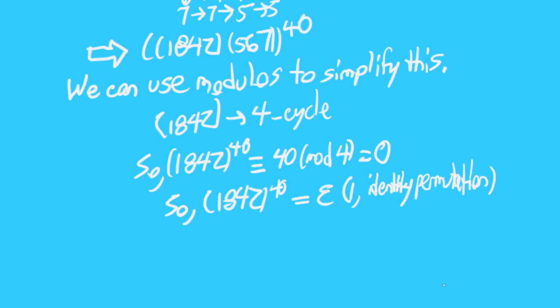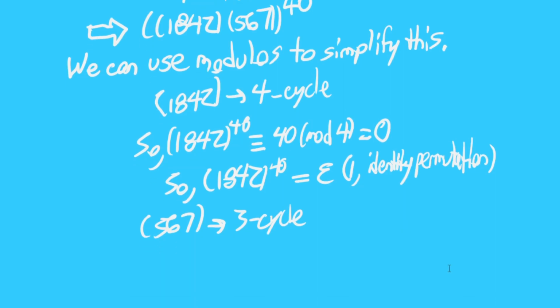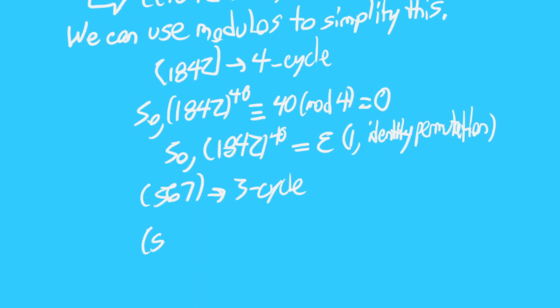And then we can look at (5 6 7). Well, this is a 3-cycle. So (5 6 7) raised to the 40th is logically equivalent to 40 modulus 3, which is equal to 1.